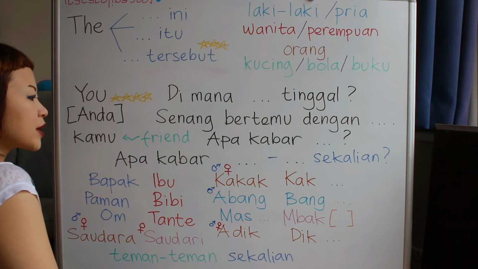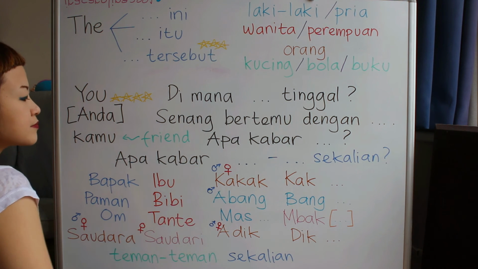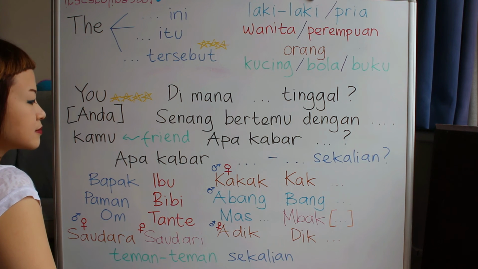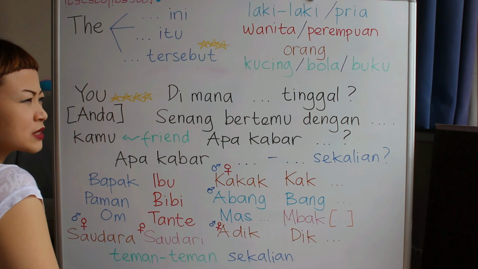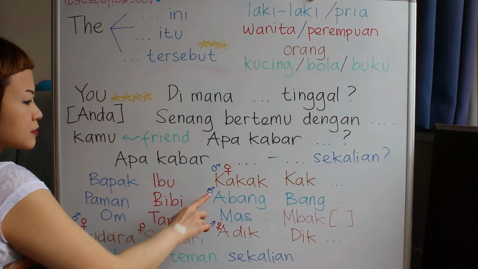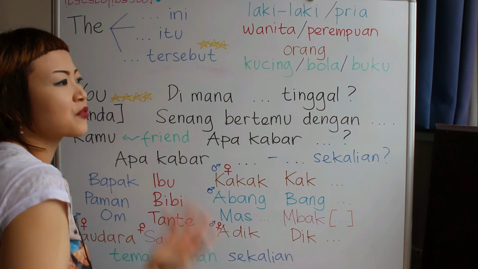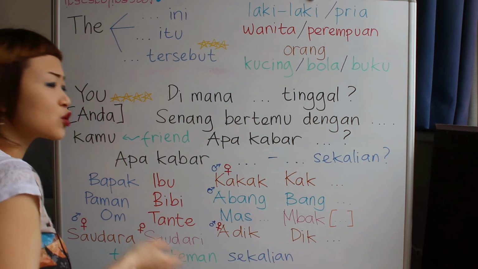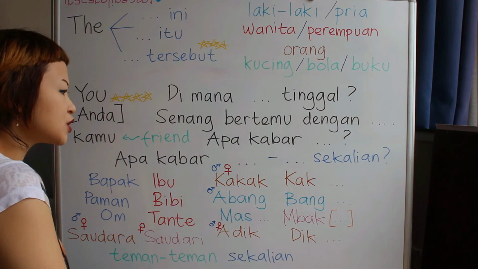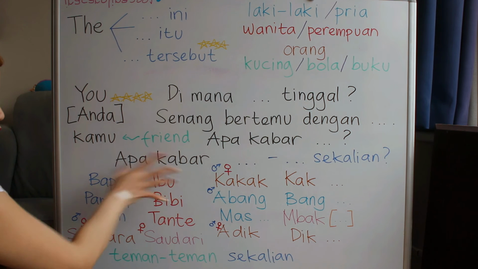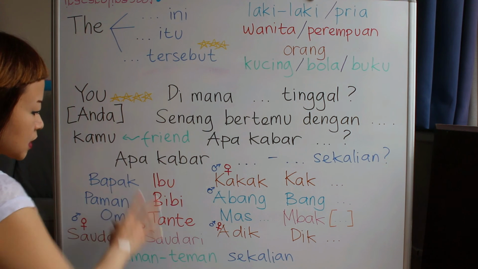For male, you can also use this one, abang, for an older person, 1 month, 4 months, 5 months, or even 5 years, 20 years, but not old enough to be called with the other one. This one can.